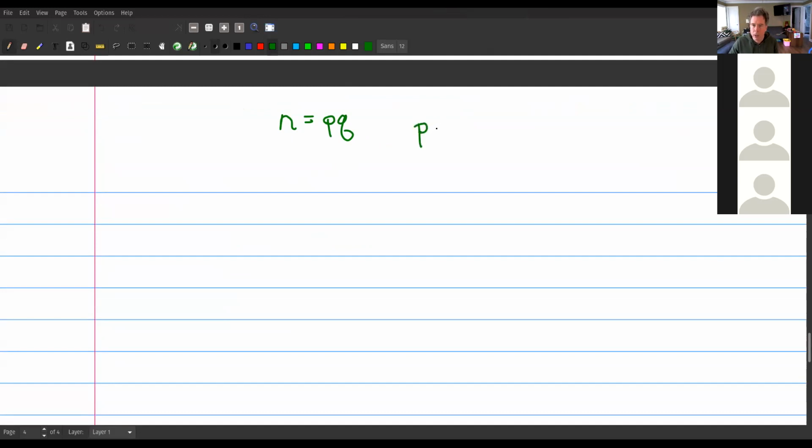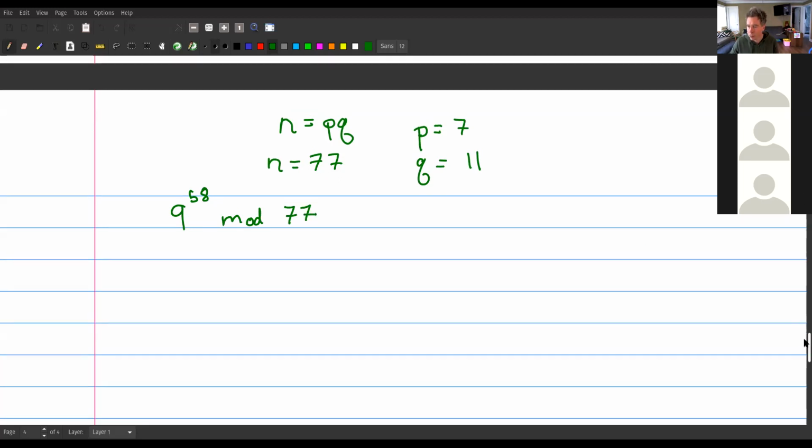To give an example, let's say p is equal to 7 and q is equal to 11. Then n is equal to 77. And let's say we want to know what 9 to the 58th power is mod 77.